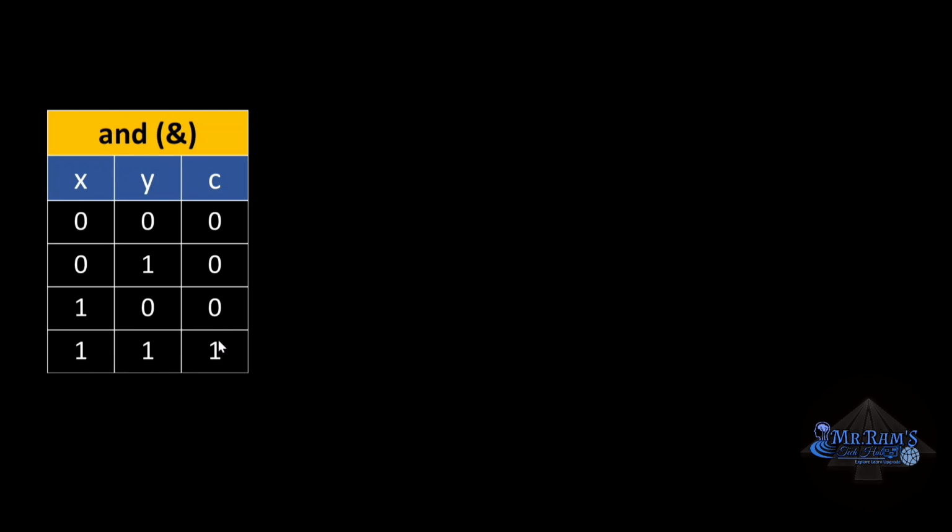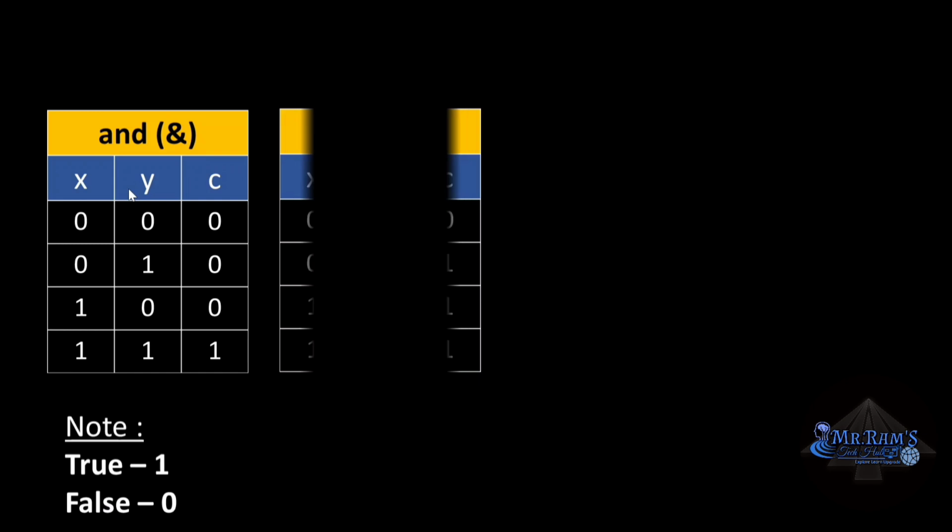If one condition is true and one is false, it is still false. Otherwise, it will be false. That is the AND operation. You can use the same results for bitwise AND also. This is the bitwise AND symbol. Note that true is 1 and false is 0.